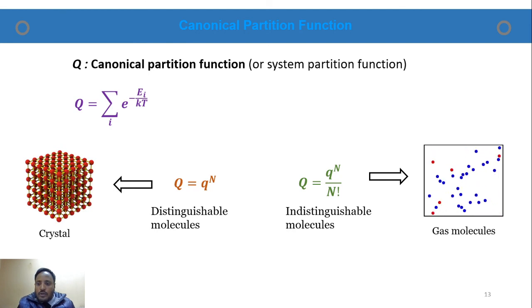And so, at no given point of time can we say that this molecule has this energy and that molecule has that much energy, because this is a dynamical process and the exchange of energy will be spontaneous. So we have to divide by the factor n factorial, that is, divide q to the power n by n factorial. Then only do we get the canonical partition function for gas molecules.